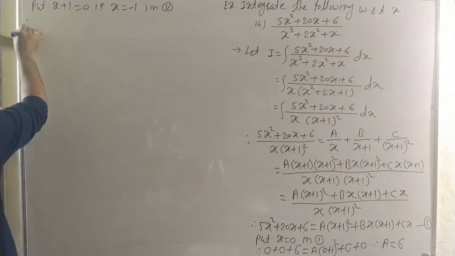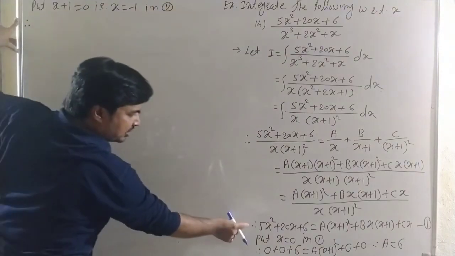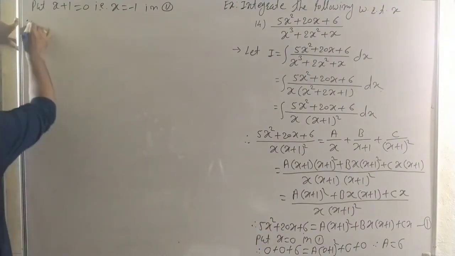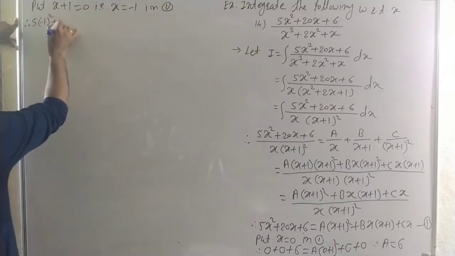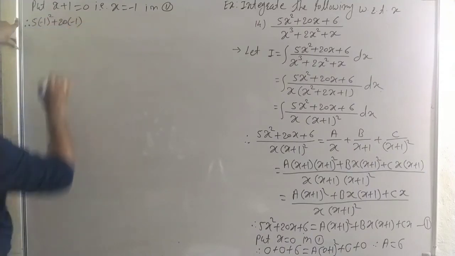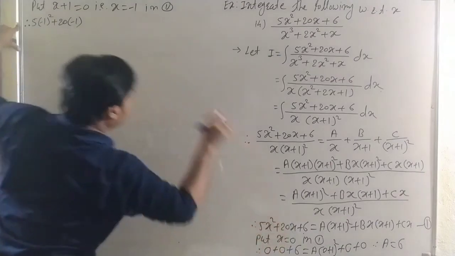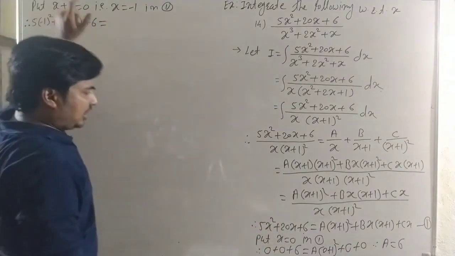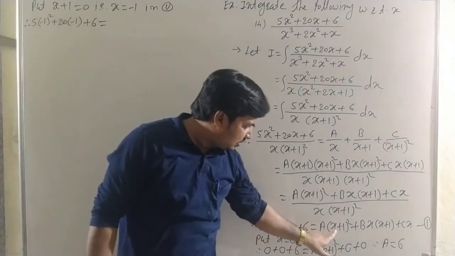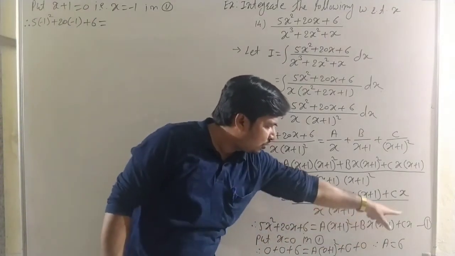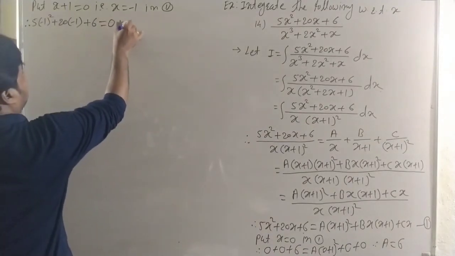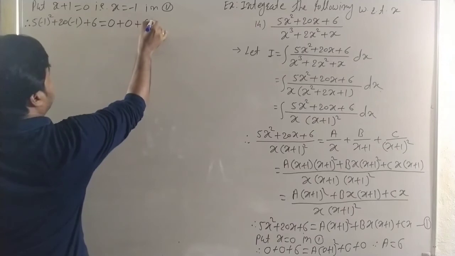Therefore, see carefully, we put x equal to minus 1 in equation 1, that is 5 into (minus 1)² plus 20 into minus 1 plus 6 is equal to, since x + 1 equals 0, the first term is 0 and the second term is also 0. We get the value of the third term: 0 plus 0 plus C into minus 1.